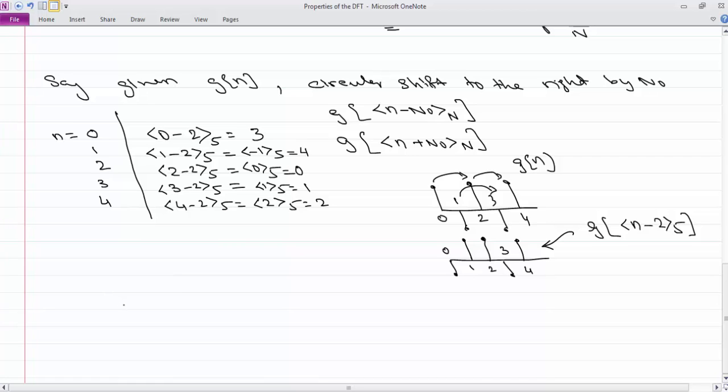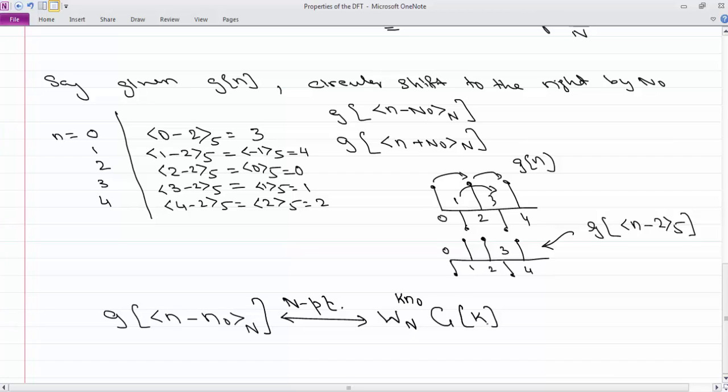In the DFT world, if I take a signal and circular shift it in time by n naught, and this capital N has to correspond to the number of points of my DFT, then that is equivalent to doing a phase shift given by e to the minus j 2 pi k n naught over N times G of k.